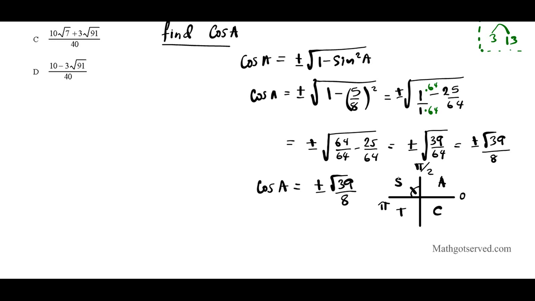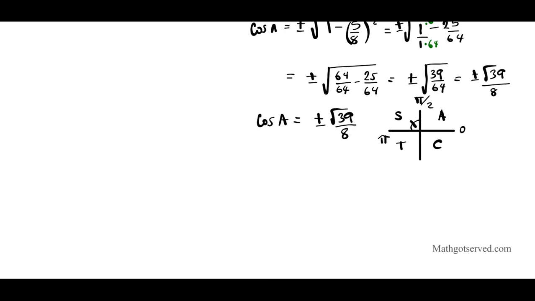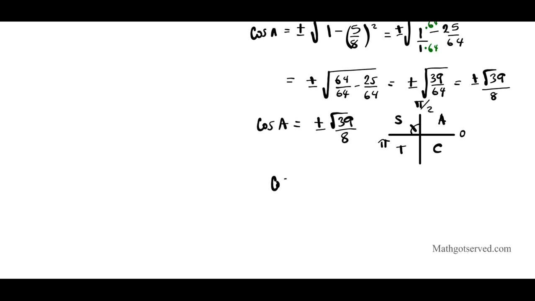In quadrant 2, S means sine and cosecant are positive. So this is neither sine nor cosecant, so cosine A is negative. We have cosine A equal to negative root 39 over 8. Note, cosine is negative in quadrant 2.